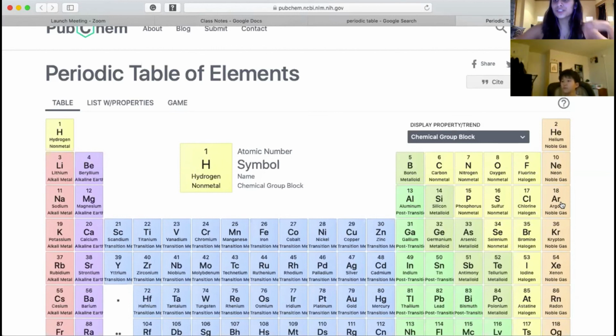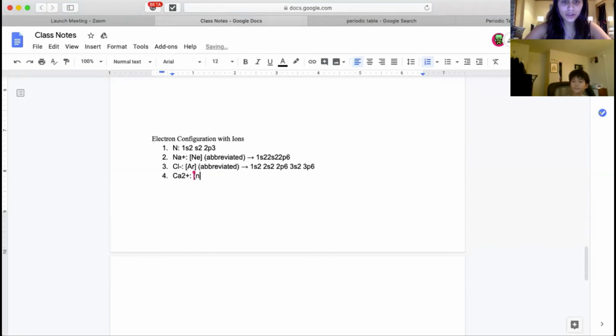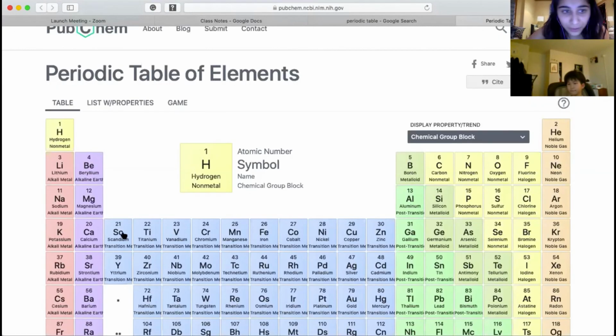So you want to go to neon and go all the way to argon, doing the s, p thing. So you would do the neon in brackets, and then you would do 3s2, because you're in the 3 orbital, 3s2 block, and then you would go 3p6 to get to argon.